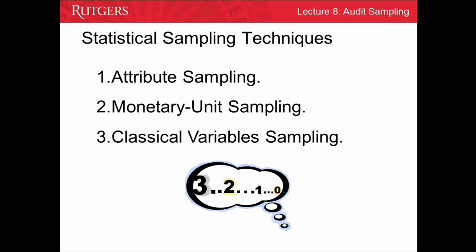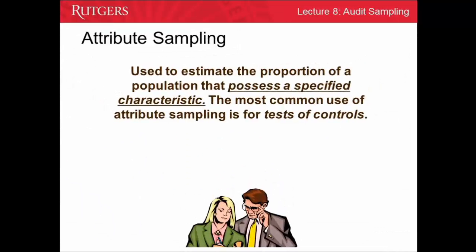Usually, auditors use three major types of statistical sampling techniques: attribute sampling, monetary unit sampling, and classical variable sampling. Attribute sampling is used to estimate the proportion of a population that possesses a specified characteristic.